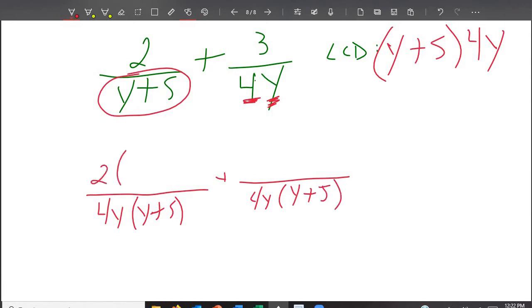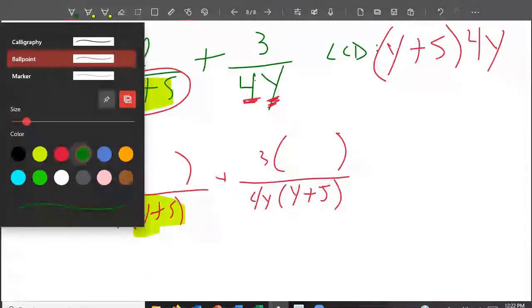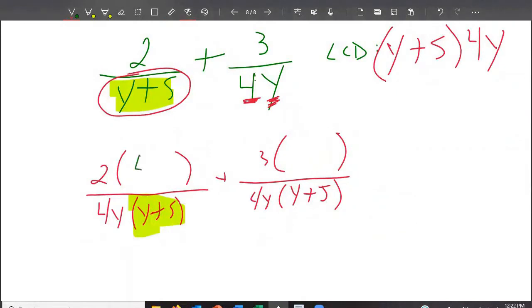And then we also have to change the tops. All right. Highlighter. This was the original. Since I didn't highlight the 4y, that's what has to go in the numerator. This one, the 4 and the y were the original. So I have to put a y plus 5 in the numerator.